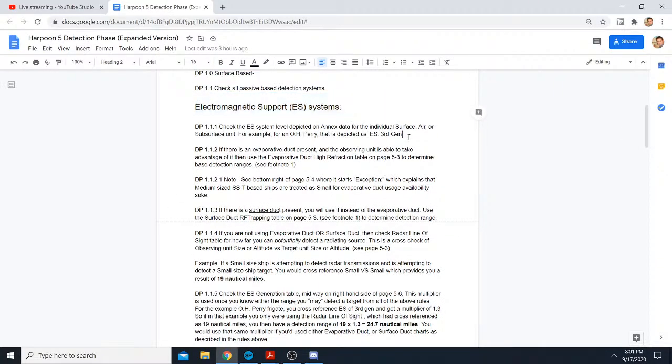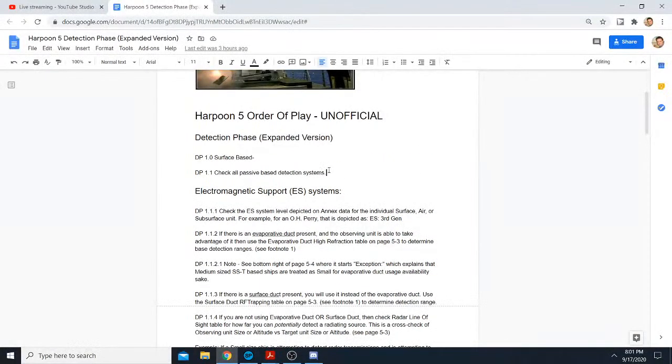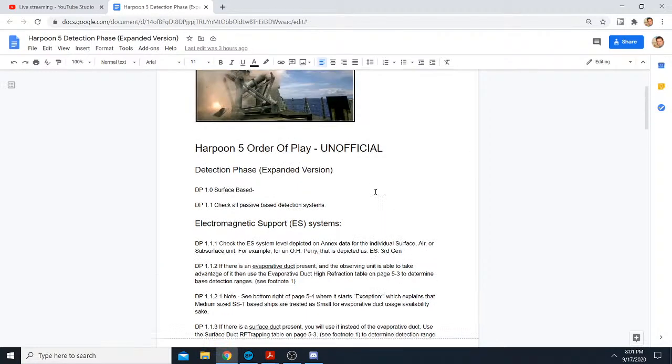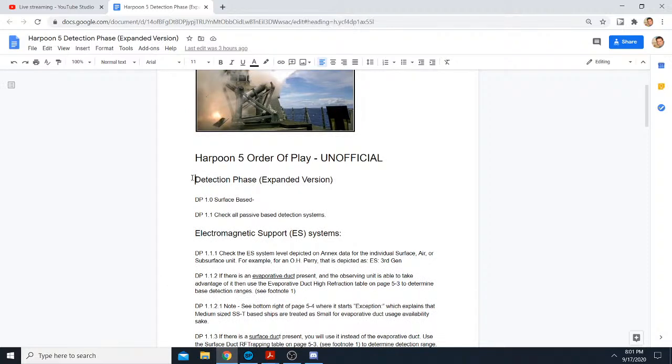One of the first things you do is determine the ES generation of the originator. You're trying to detect an enemy who's activated their radar. I assume everybody understands that an ES system is basically picking up the radar emission of a target. So this is a passive detection, part of the detection phase.